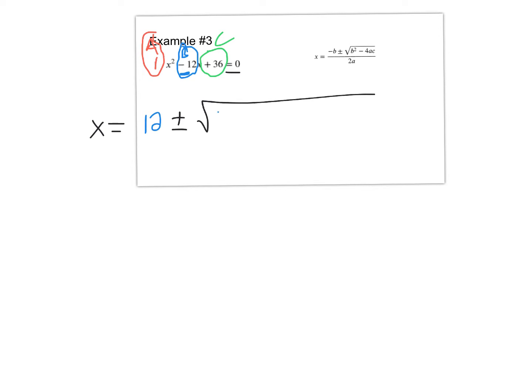Negative 12 squared is positive 144. Minus 4 times my A value, which is 1, times my C value, which is 36. All divided by 2A, or 2 times 1.